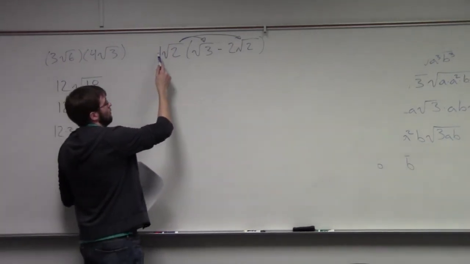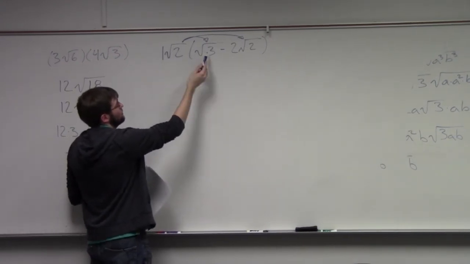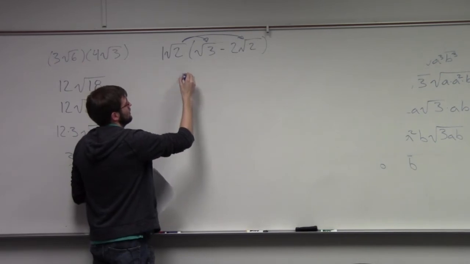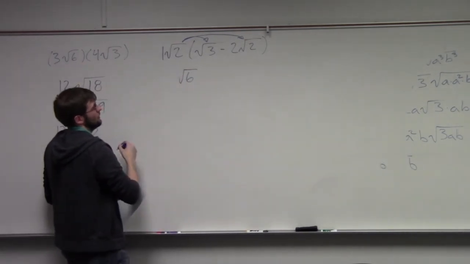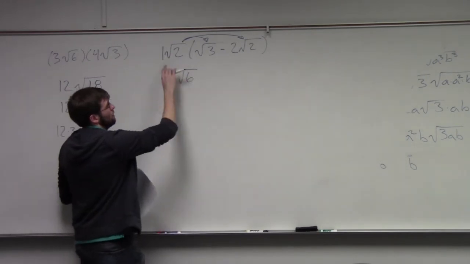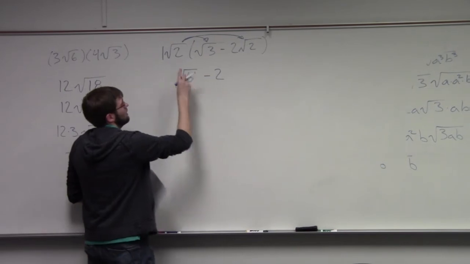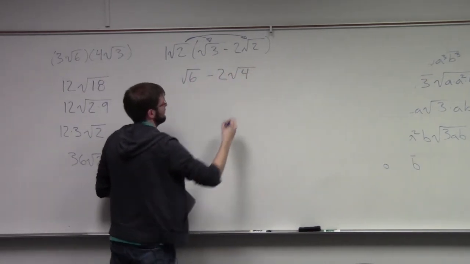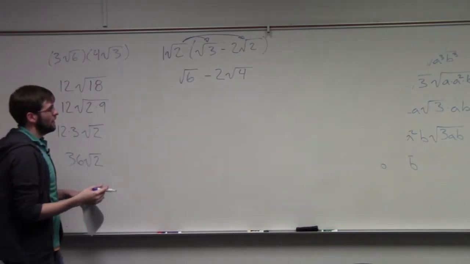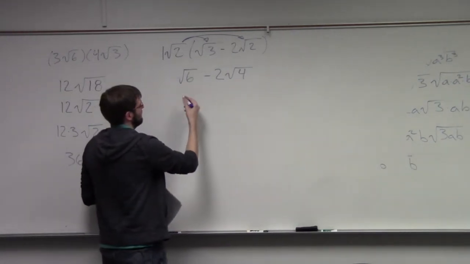Here I have a 1 times a 1, so this would be 1. And the square root of 2 times square root of 3 is square root of 6. You could write the 1 on the outside if you'd like. Over here I have 1 times negative 2. Square root of 2 times square root of 2 is square root 4. Then we see if we can simplify. I can't break this one down, but I can break this one down.